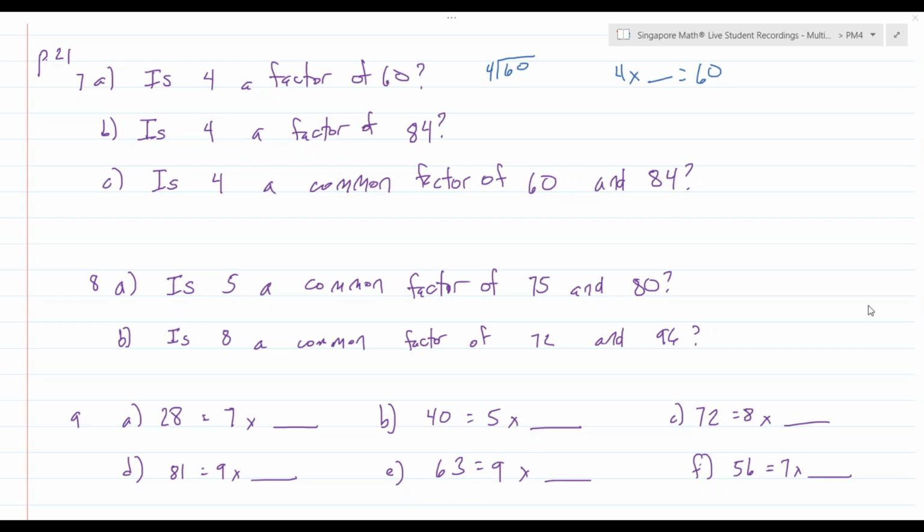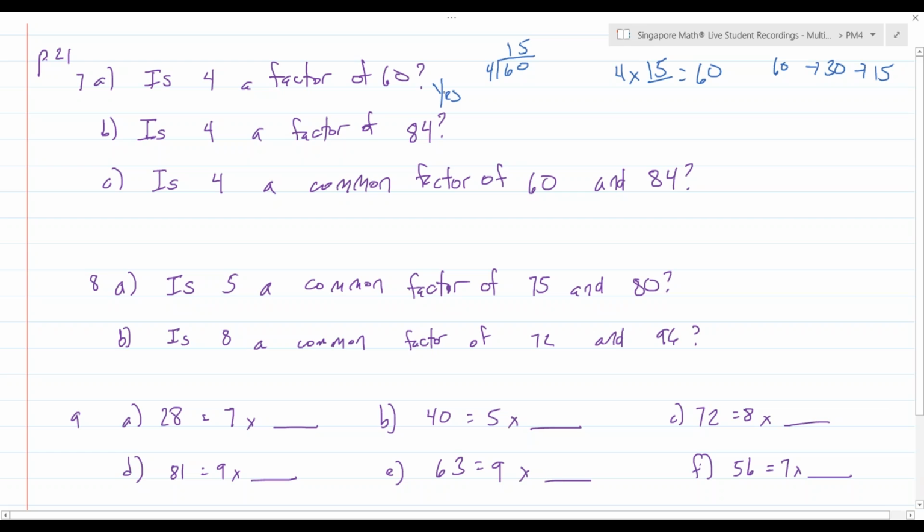Remember when we talk about multiplying by 4, we say we double it twice? So if I take half of 60, I'm at 30. Take half of that, I'm at 15. So 4 times 15 is 60. 60 divided by 4 is going to be 15, so yes, 4 is a factor of 60.